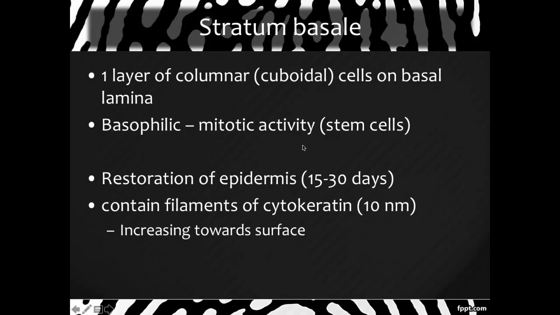It's interesting that the restoration of the whole thickness of epidermis, that means from stratum basale to the stratum corneum, which is most on the surface, takes about 15 to 30 days.